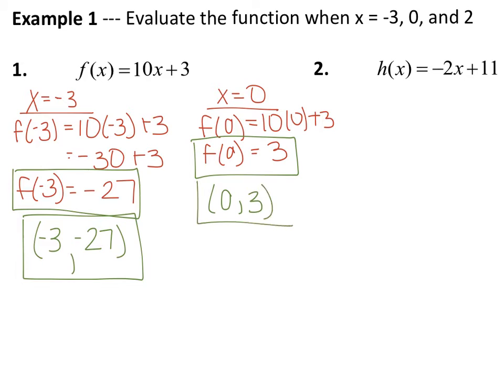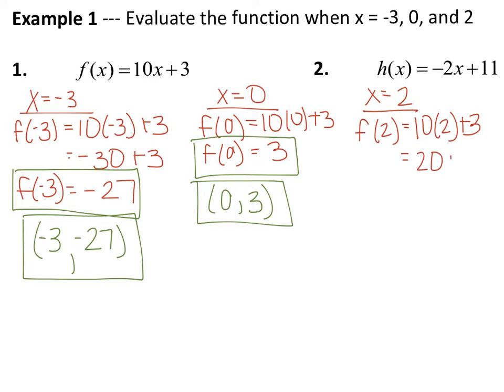Then the very last one we have to do is x equals +2. Again, wherever I see an x, I'm going to write +2. So f of 2 equals 10 times 2 plus 3. 10 times 2 is 20, and then plus 3.